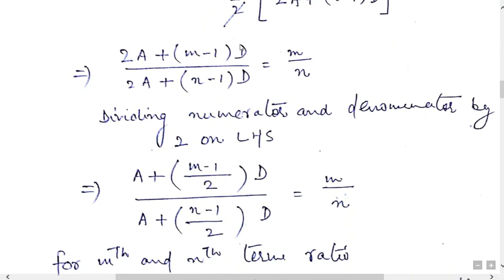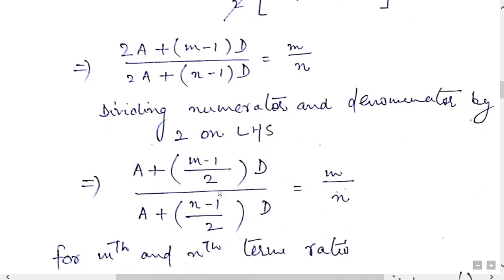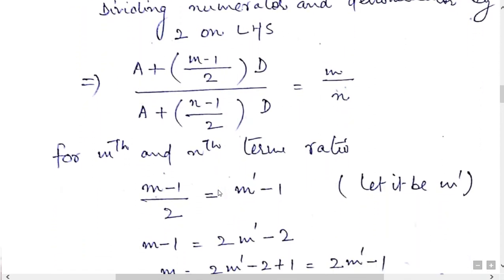Then divided by 2. We have already completed this exercise. This formula, by dividing by 2 on the left hand side, numerator and denominator, you can find easily the ratio of terms. It means m minus 1 over 2, let it be m dash, because this m and m, both the values are different.